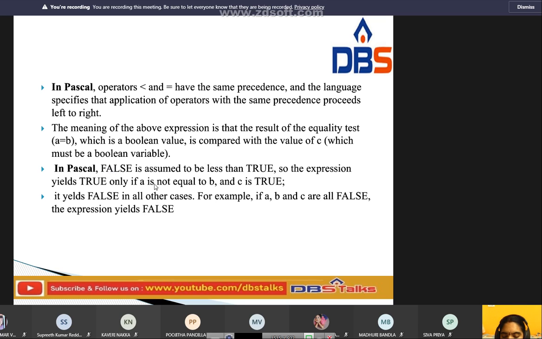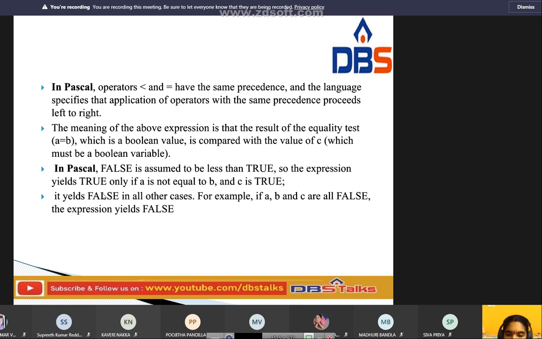In Pascal, false is assumed to be less than true.